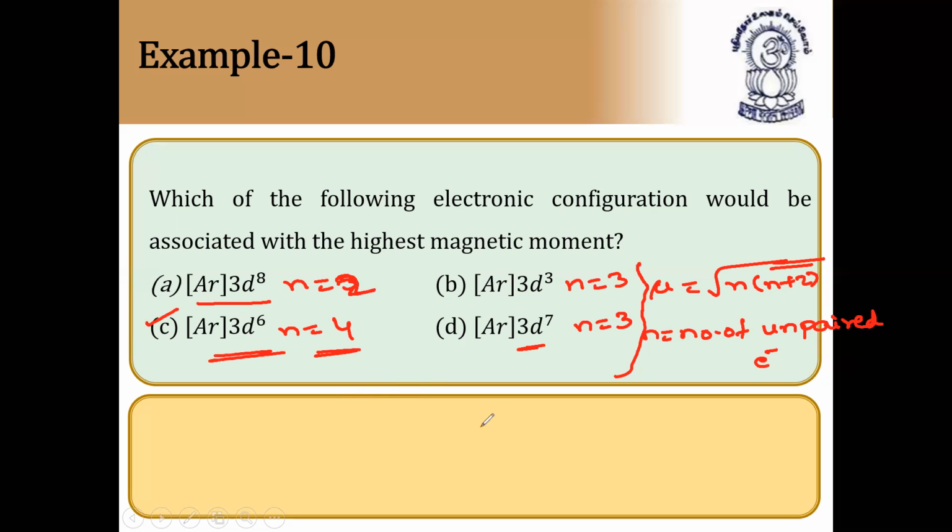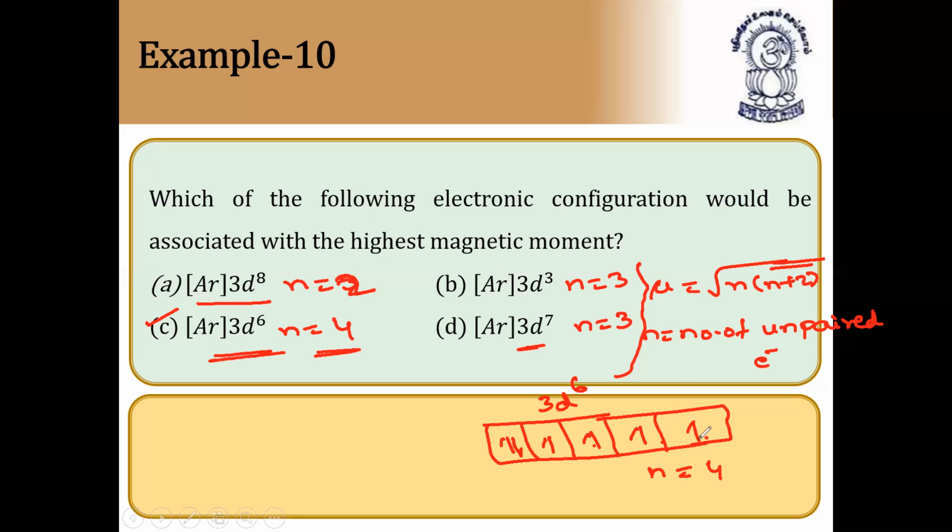Because 3d6 means the arrangement of electrons will be like this. So it is 1, 2, 3, 4, and 5 electrons. The sixth electron will start pairing up. So unpaired electrons 1, 2, 3, 4. So n is equal to 4 for 3d6 configuration. 3d3 means only 3. 3d8 means 6th, 7th, 8th electron, only 2 unpaired.